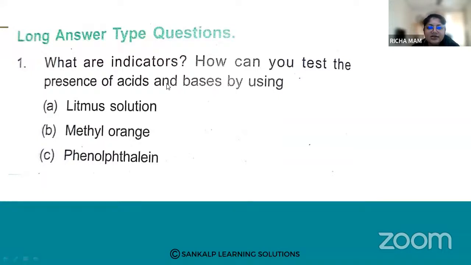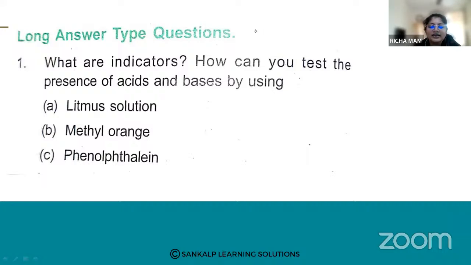What are indicators? How can you test the presence of acid and bases by using litmus solution, methyl orange, phenolphthalein? First of all, what are indicators?